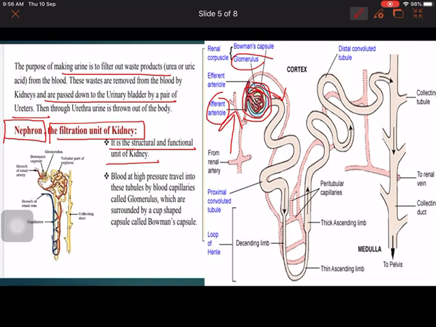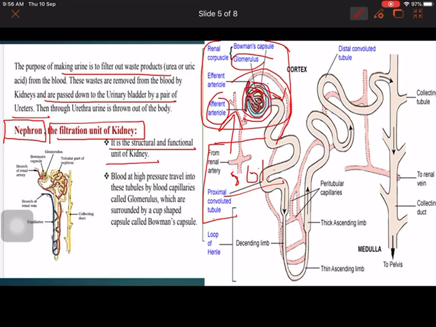This is the part where ultrafiltration is going on, and the efferent arteriole will take the remaining blood onward. Now let's see how it happens. This is the broader view of the nephron. After filtration, in the PCT part, 80% of reabsorption takes place.